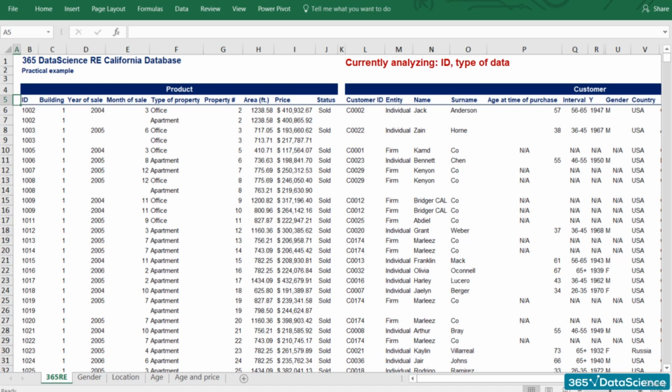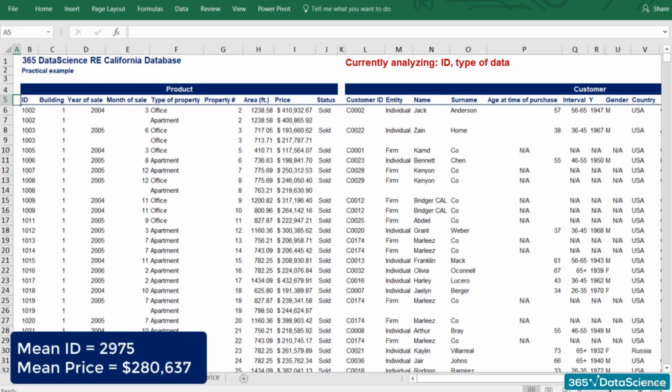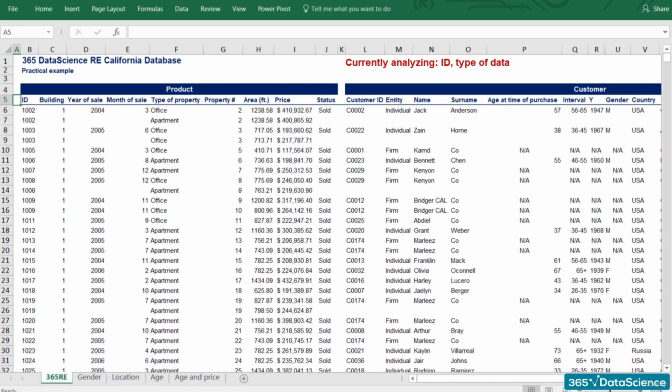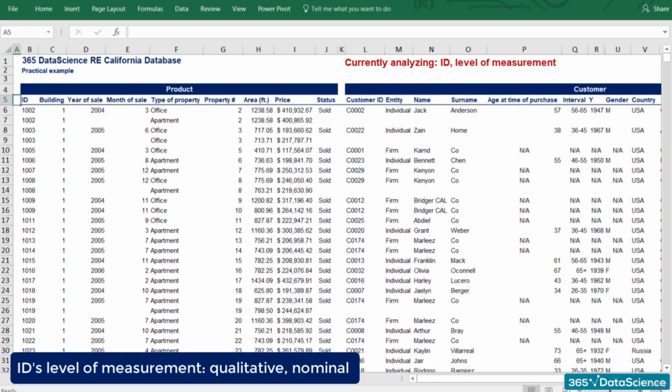Think about it. The mean ID number shows nothing. Now, oppose this to the mean price, for example. It is clear that the mean price is a very valuable piece of information. Okay, the bottom line is that ID is a categorical variable. What about its level of measurement? Well, it is qualitative, nominal. Clear? Clear.